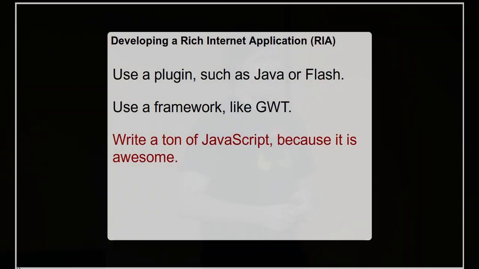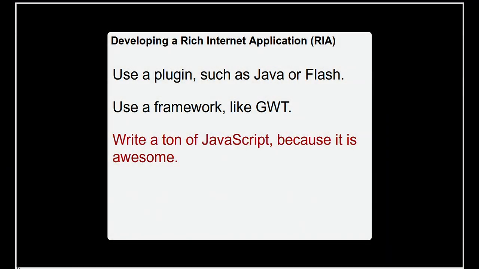So the way that I propose and have built rich internet applications is writing lots of JavaScript, because it is awesome. And when I say lots, I do mean lots. The last project I worked on, we wrote 70,000 lines of JavaScript as our application. And we did it using Clojure. As I mentioned, JavaScript has first-order functions.